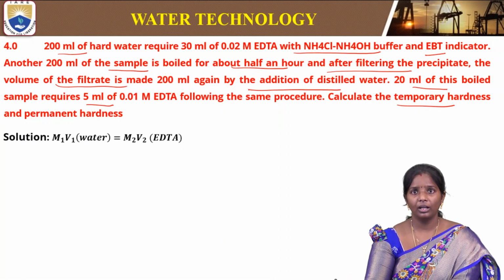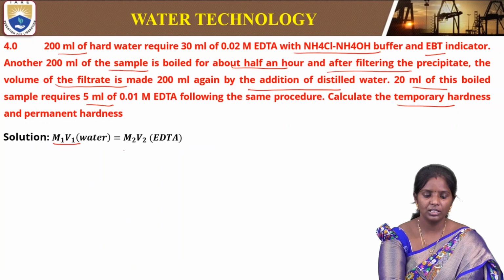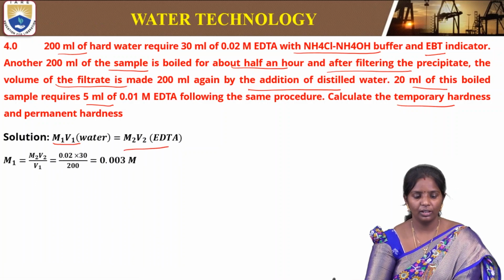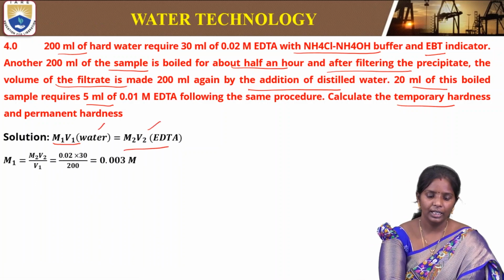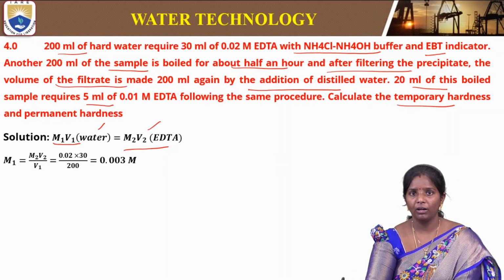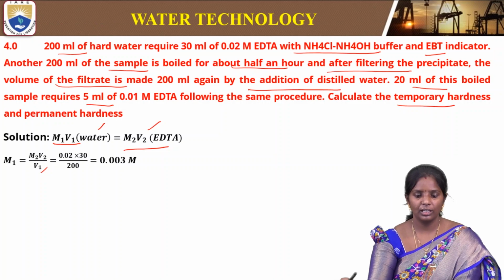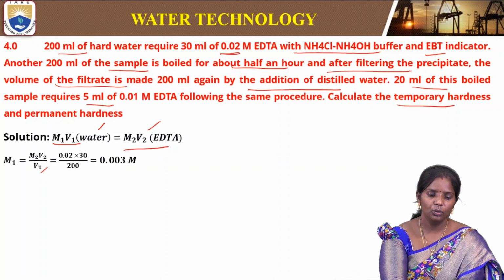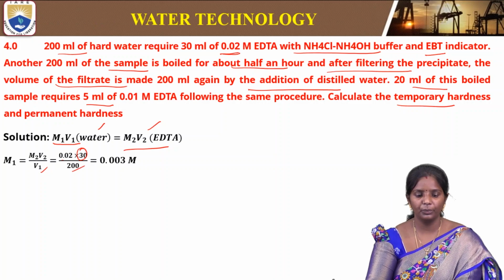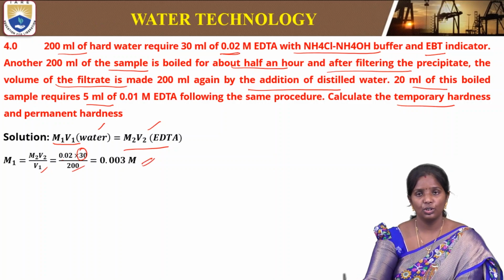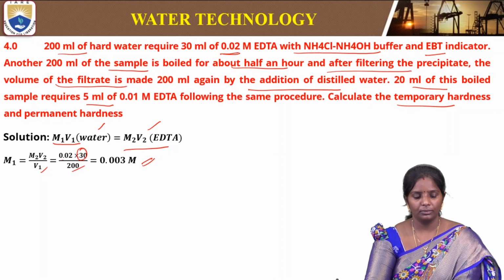We use M1 V1 is equal to M2 V2. If this is water and EDTA, we have to find the concentration of water. So M1 is equal to M2 V2 by V1, that is 0.02 into 30 ml divided by 200 ml of water taken, giving 0.003 molar.